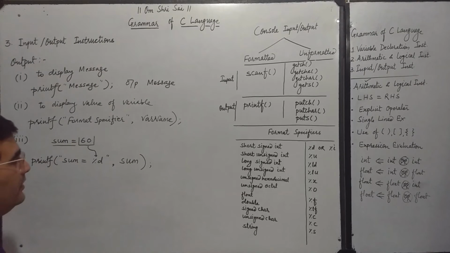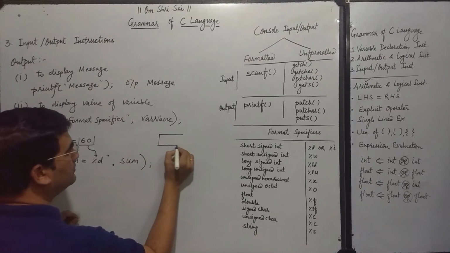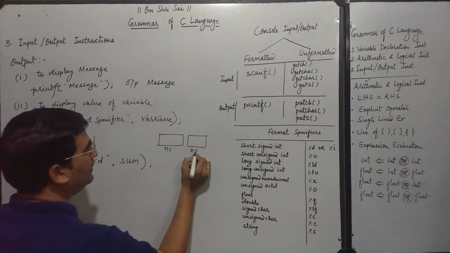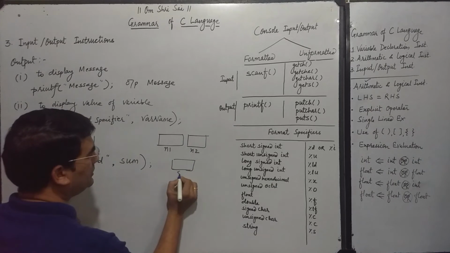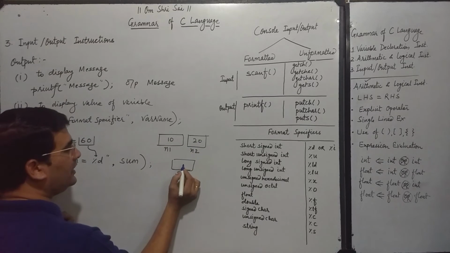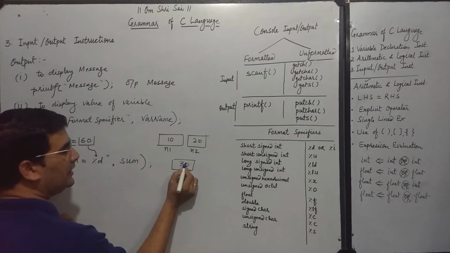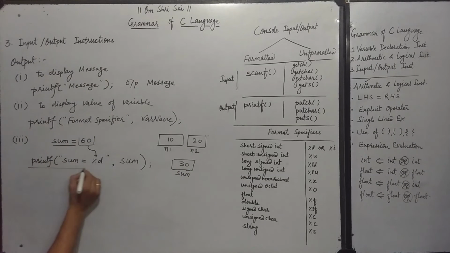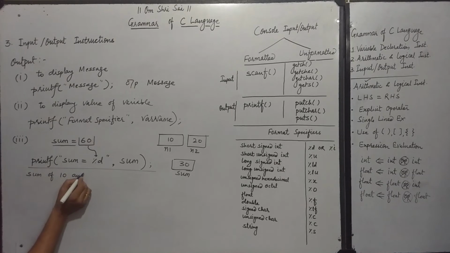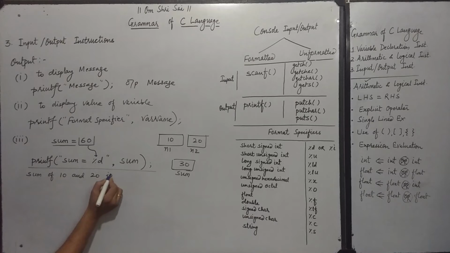One variable is num1, or n1 in short, the second variable is n2 and the third variable is sum. Let's say this contains 10, this contains 20, so obviously sum will be 30, and now I want to display "sum of 10 and 20 is 30".